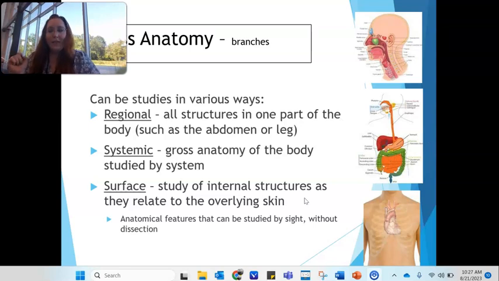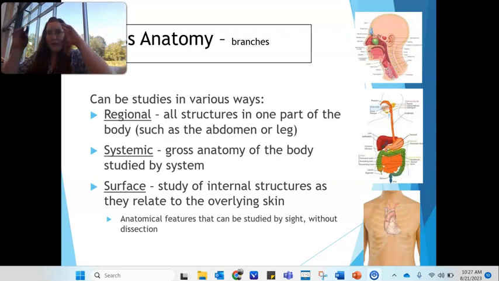And then surface anatomy. You can study anatomy of the human body just by looking at it from the surface. Yes, we do dissection to where we can look at the internal structures of a body or a body part. No, we do not dissect humans in this class, but we do use comparative anatomy dissections to cover what we are studying. And so actually doctors and nurses can use surface anatomy to study internal structures as they relate to the outside.